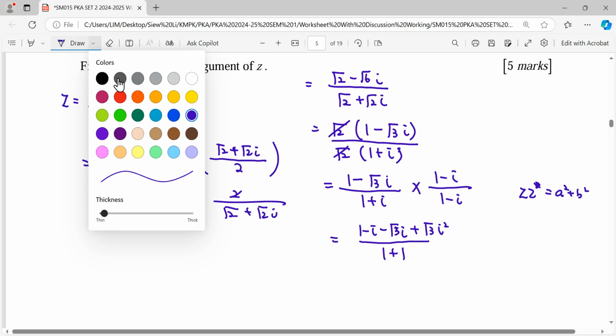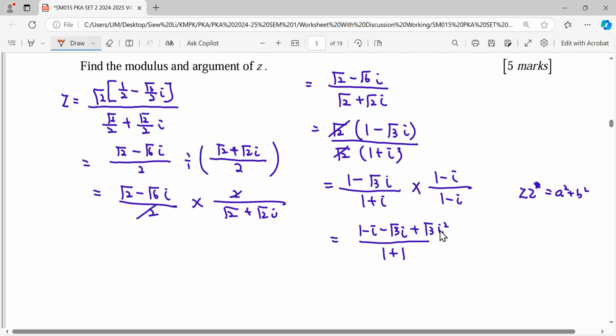And i squared, we can simplify it to be negative 1. So finally, the real part will be 1 minus root 3 over real number 2. Imaginary part, it will be, take out the negative, will be 1 plus root 3 over 2i.